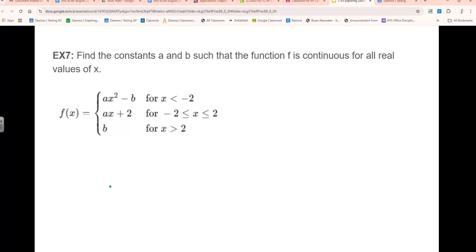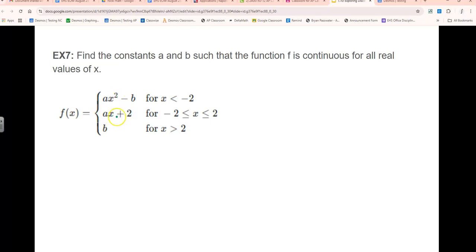So we are supposed to find A and B that will make this continuous, right? A and B are just real constants, so these are just real numbers. And right here, we got a quadratic. Quadratics are continuous everywhere.